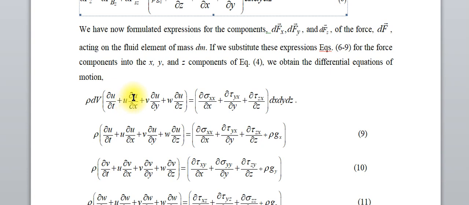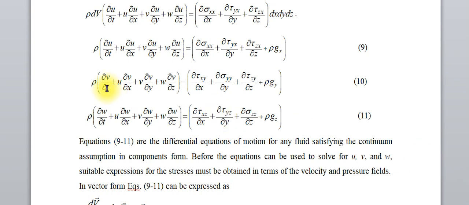I have already explained this: the v vector will be changed to the x component of velocity u, and the x component of the stresses plus the body force. These are all the stresses, the surface forces plus the body forces in x direction, and this is the acceleration in x direction. Similarly, this is the acceleration in the y direction, and these are the forces in the y direction, body force plus surface forces.